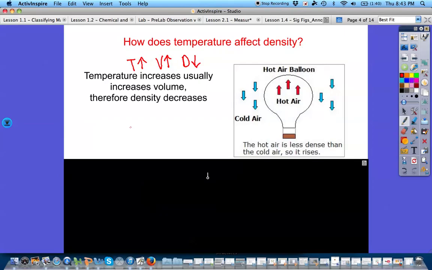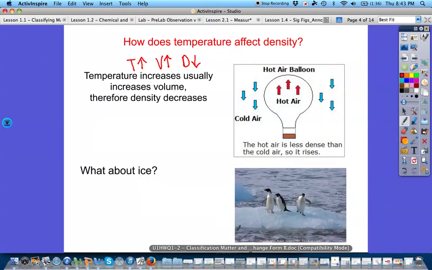An example of this is hot air balloons. The air inside the balloon, you heat it up with a fire. The balloon inflates, but same amount of air, it's just being heated up, so the balloon is going to expand. The balloon becomes less dense than the cold air around it, so the hot air balloon rises.